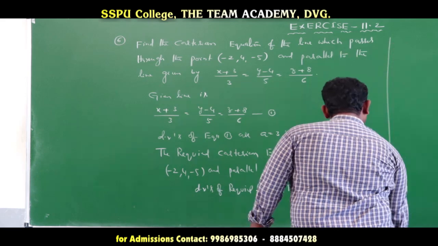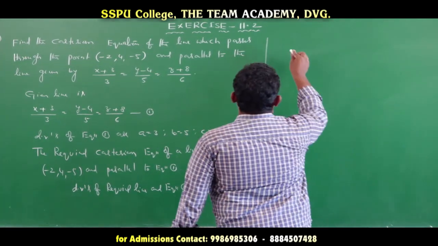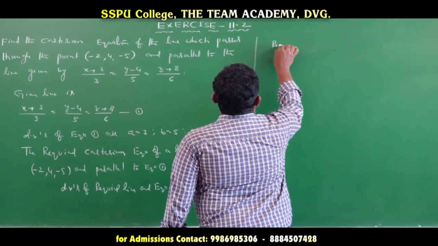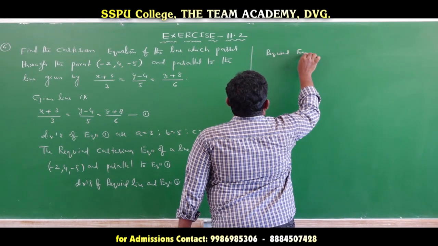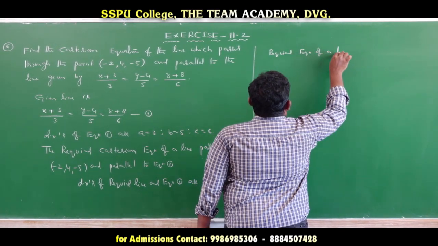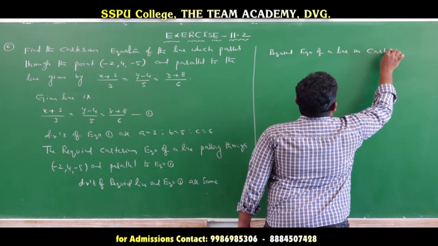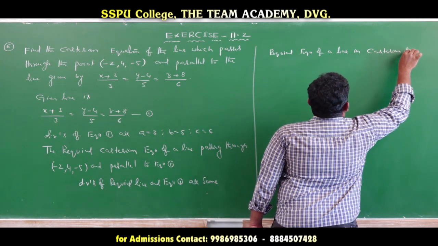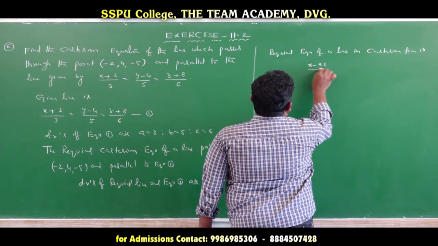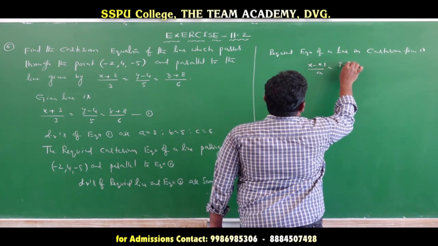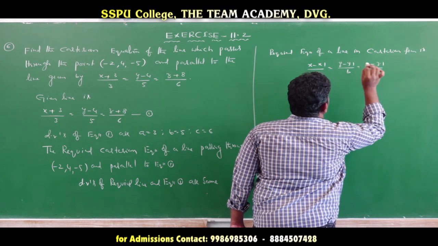The required equation of a line in Cartesian form is (x minus x1) by a is equal to (y minus y1) by b is equal to (z minus z1) by c.